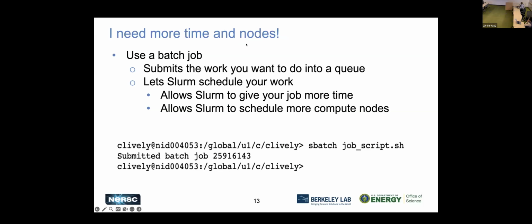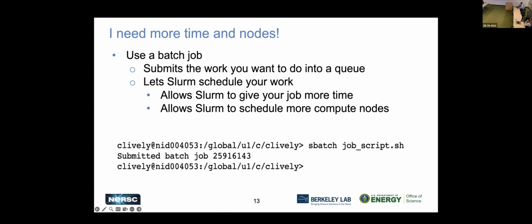So if you need more resources, what you're going to want to do is use a batch job submission. With a batch job, Slurm is going to analyze your job script and place you into the queue based off of those parameters. So with a batch job, you have more time outside of the 4-hour exclusive or 48-hour shared limit. You can schedule more compute nodes, more than the 4 for an interactive job.